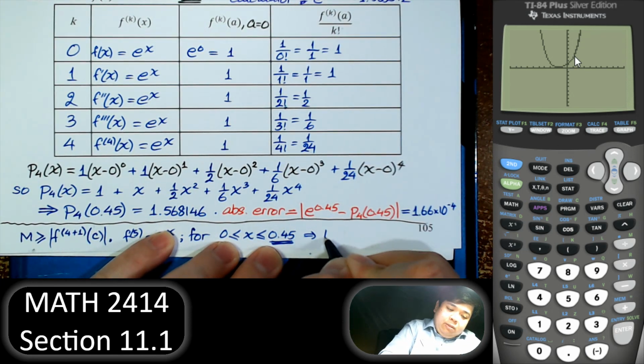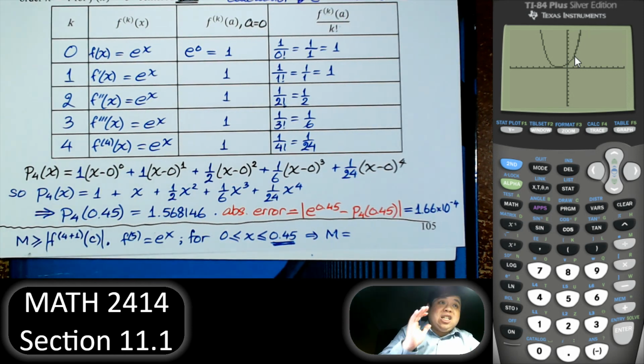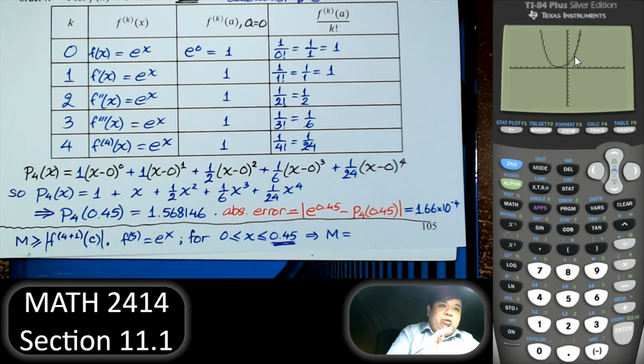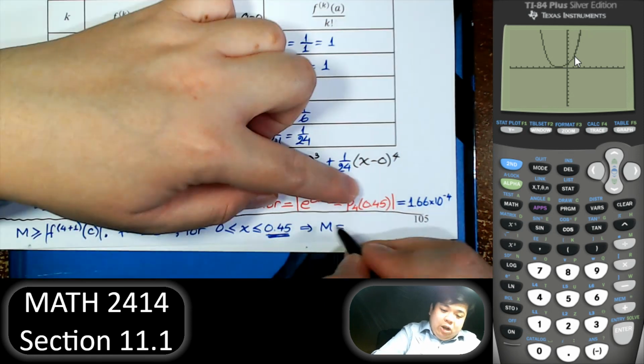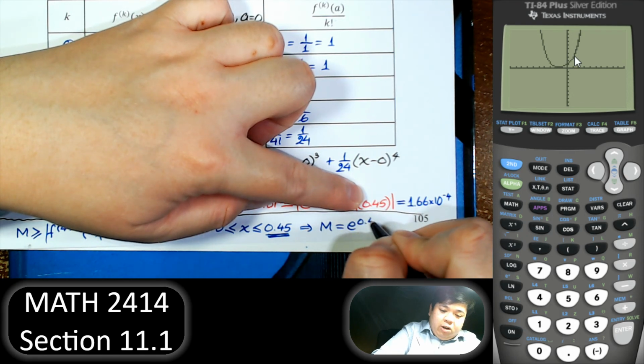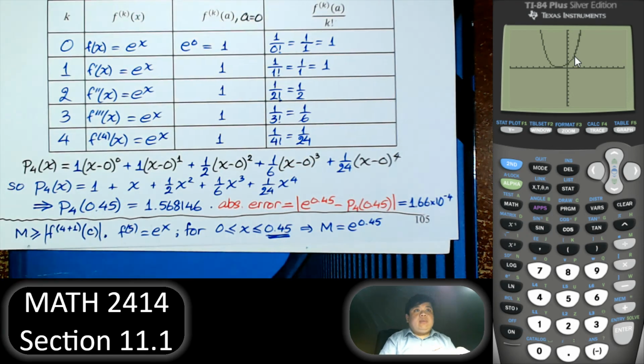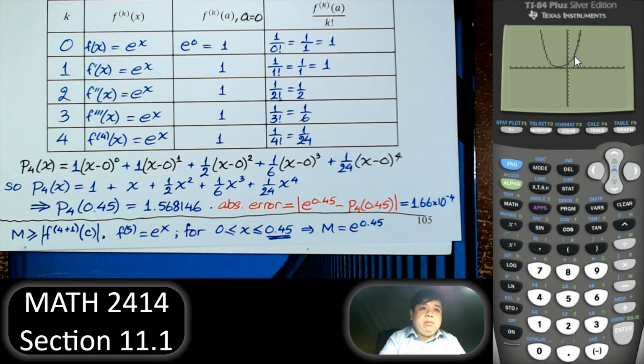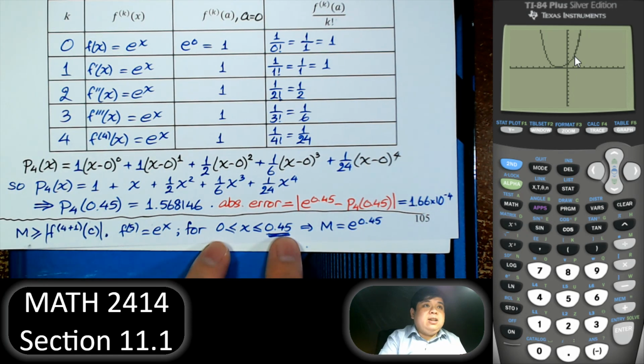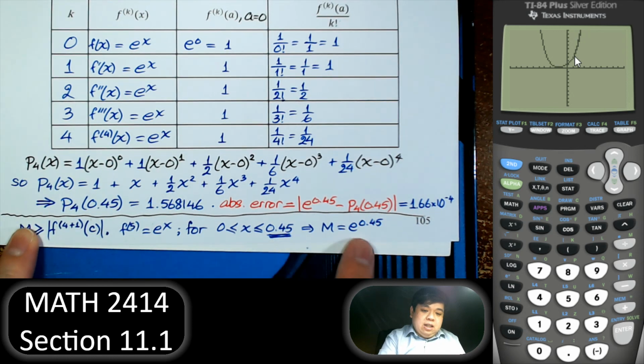So M we can set to be the maximum of the fifth derivative, and it is maximum at this value. So M is equal to e to the 0.45. For an exponential function, the maximum will be at the end point.